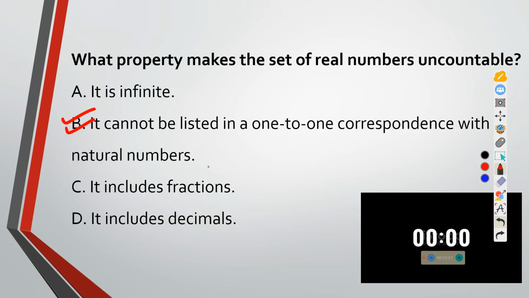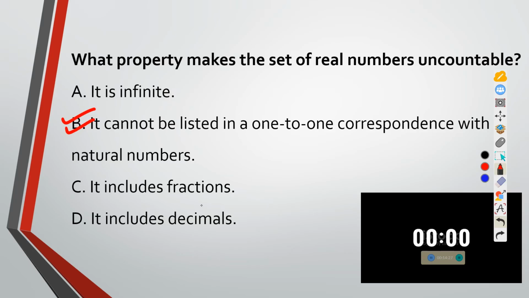Then when they say it includes fractions, this is incorrect because fractions such as rational numbers are countable. So R includes both rational and irrational numbers. So it does not mean that if it includes fractions, then it is uncountable, because the set of rational numbers itself includes fractions, but it is countable. Then, it includes decimals.